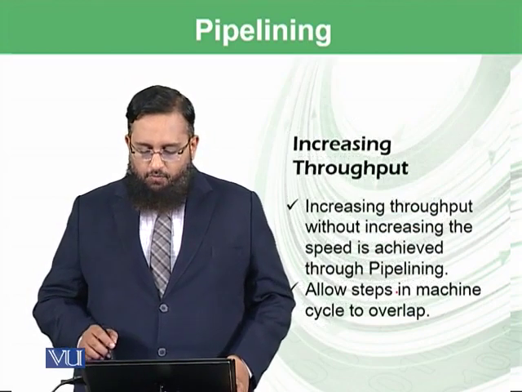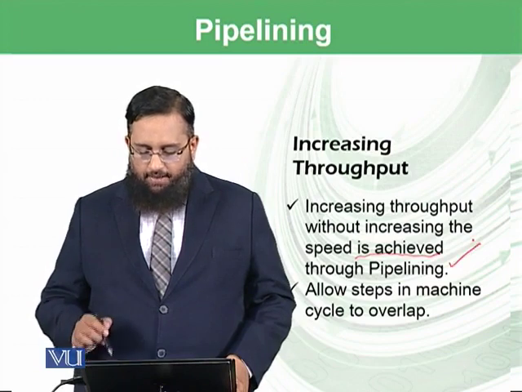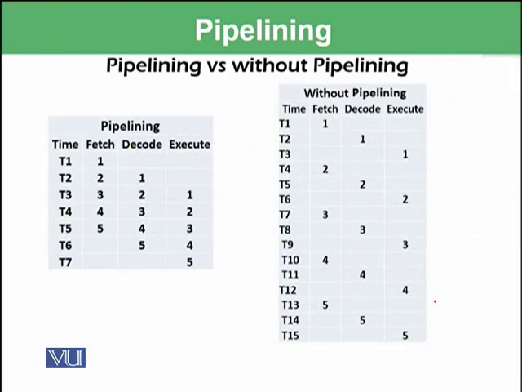Increasing throughput without increasing the speed is achieved through pipelining. It allows steps in the machine cycle to overlap. So here is an example for you. These are the times, for example, from time T1 to T15, and I want to execute 5 instructions. Without pipelining, what would be the procedure?